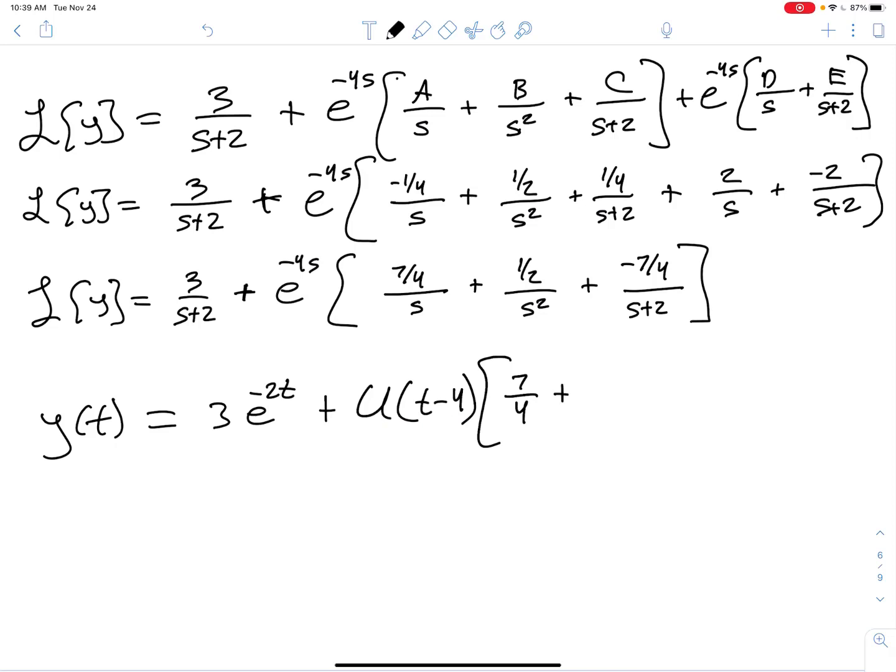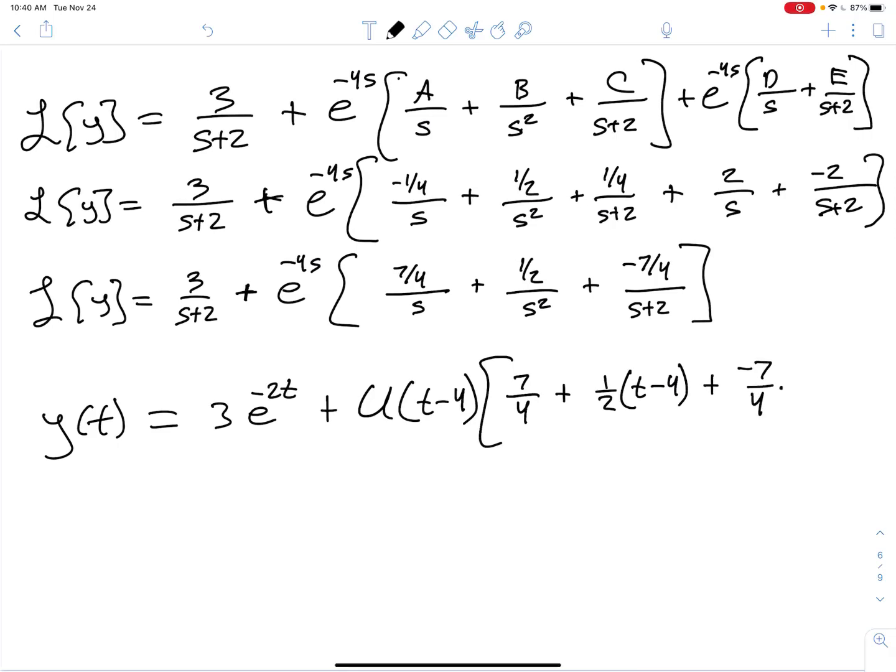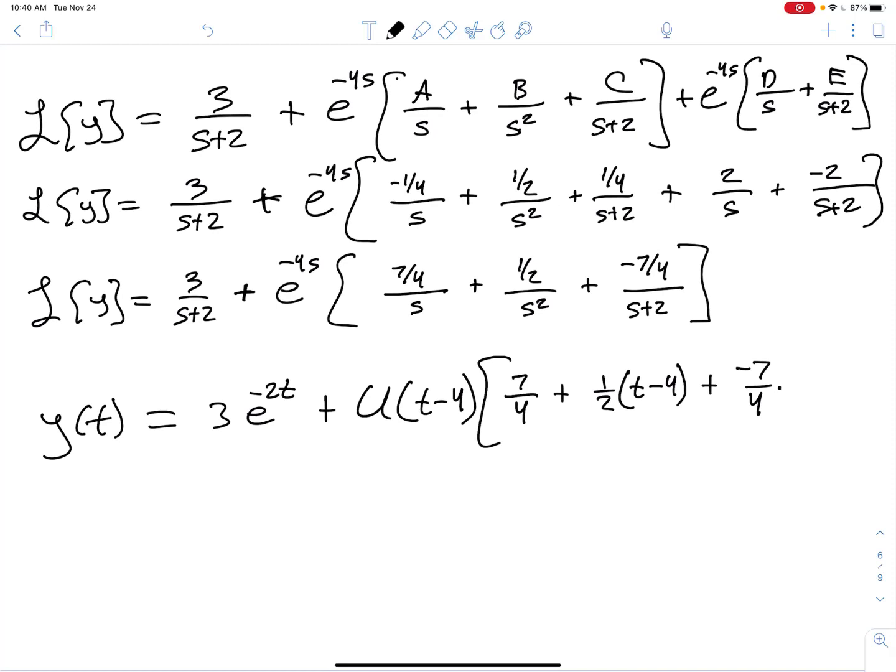Then we're going to have this 1 over s squared function. So we're having 1/2, and then we have 1 over s squared. Well, that comes from a t, right? The Laplace transform of t is 1 over s squared. But that t function should be shifted by 4 units. And then we're going to have negative 7/4, and then 1 over s plus 2, that would be e to the negative 2t, right?